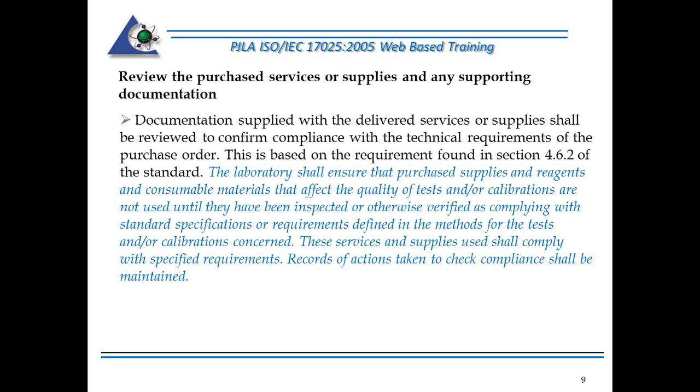It's necessary for your labs to confirm that what you have carefully specified in the purchase order is in fact what you did receive, and that its performance, when it was evaluated, calibrated, tested, or whatever, yielded results that are within the range that you need them to be.